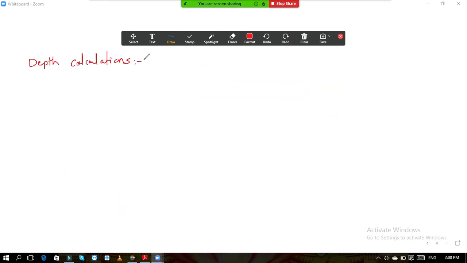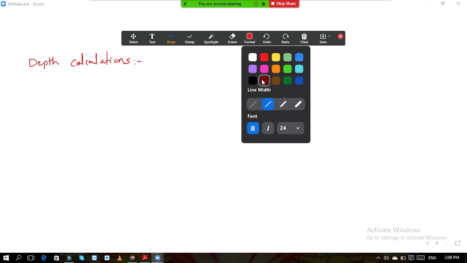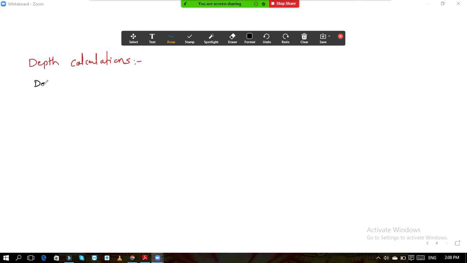First we will calculate the depth from two-way shear consideration, that is the punching shear consideration. So I will write right over here: depth from two-way (punching shear) consideration.